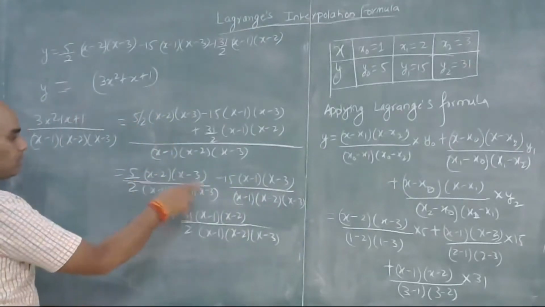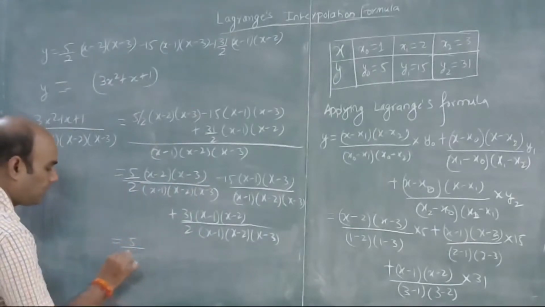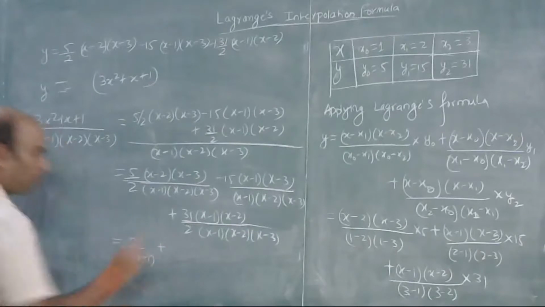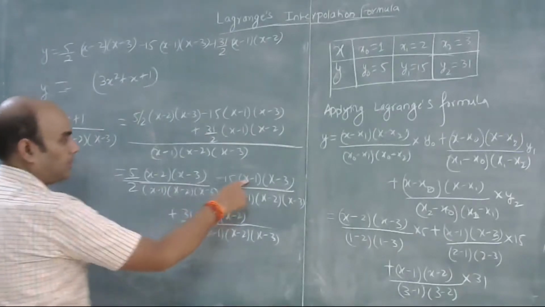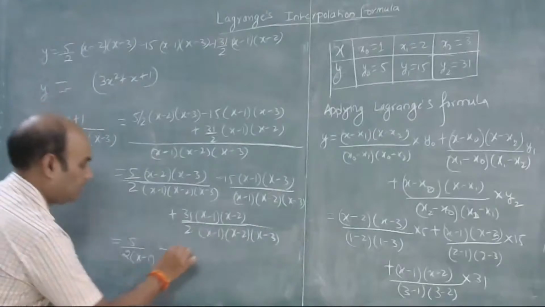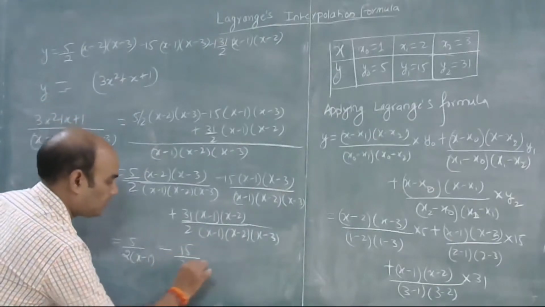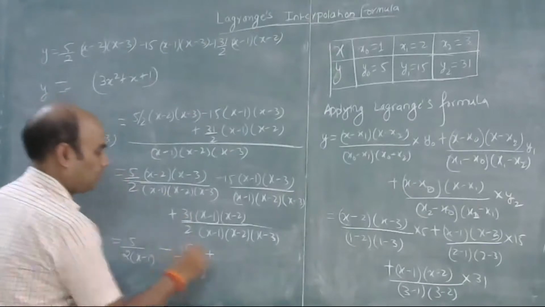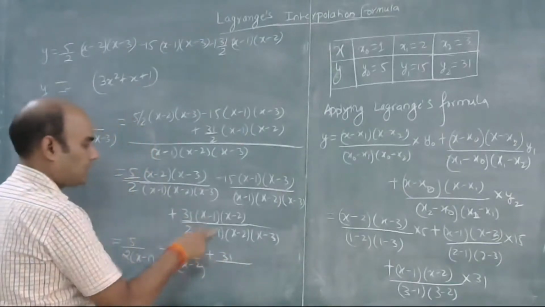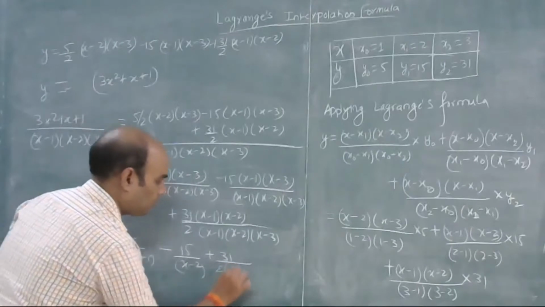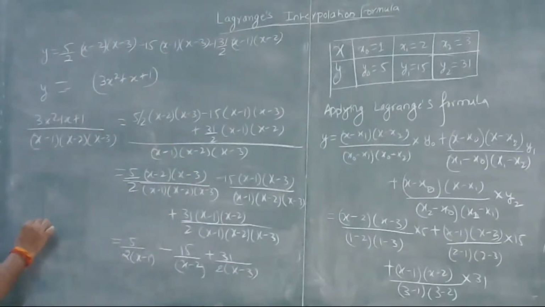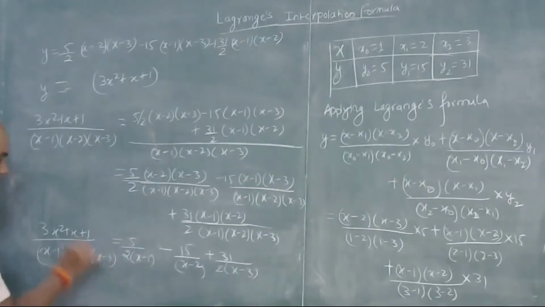Here (x minus 2)(x minus 3) will cancel out, we will get 5 by 2 upon x minus 1, plus minus 15 upon x minus 2, since (x minus 1)(x minus 3) cancels out, plus 31 by 2 upon x minus 3, since (x minus 1)(x minus 2) gets cancelled. This is how 3x square plus x plus 1 divided by (x minus 1)(x minus 2)(x minus 3) can be written by using Lagrange's formula.